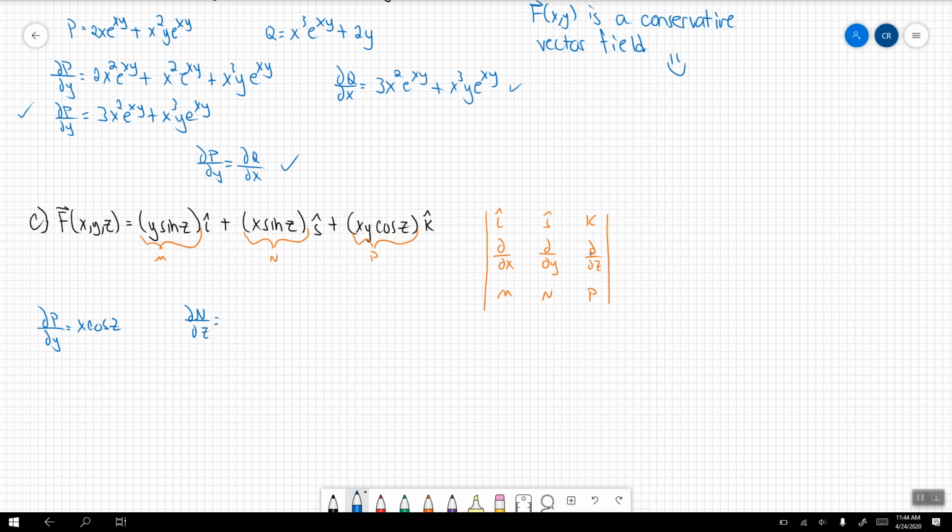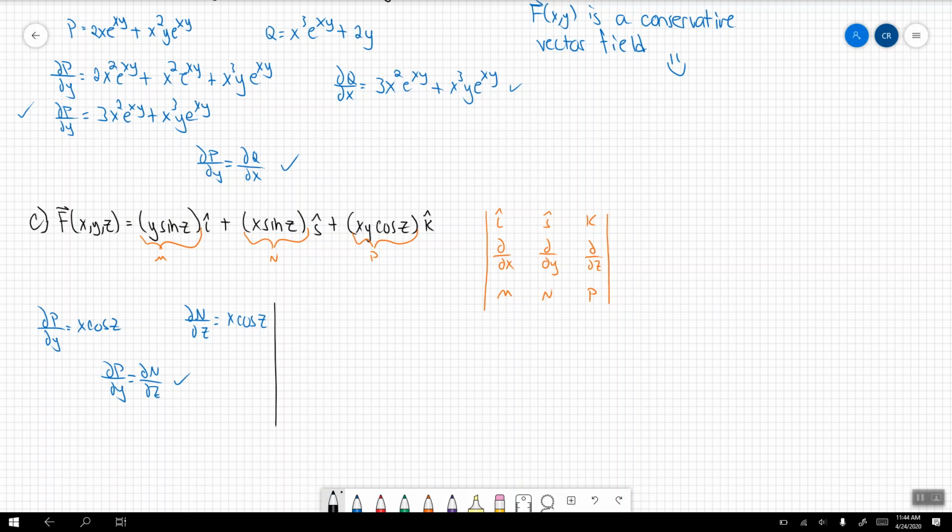That's going to give me x cosine z. So far, so good. These are in fact equal to one another. Great. So the i component's done.